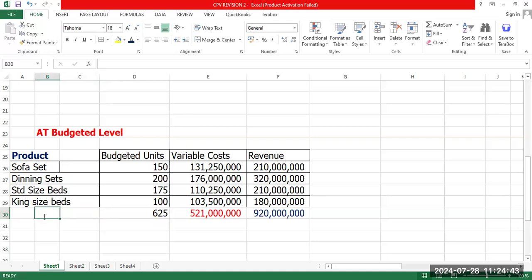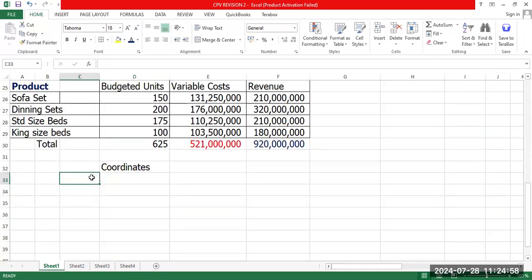These are totals. So coordinates here: total units or quantity.